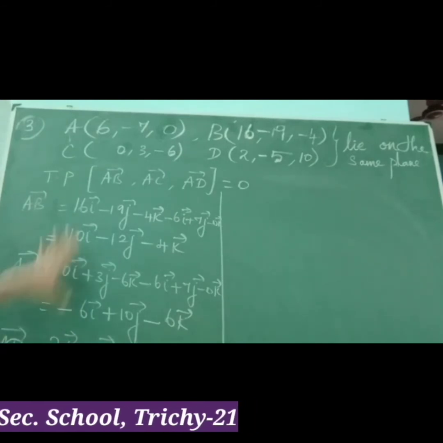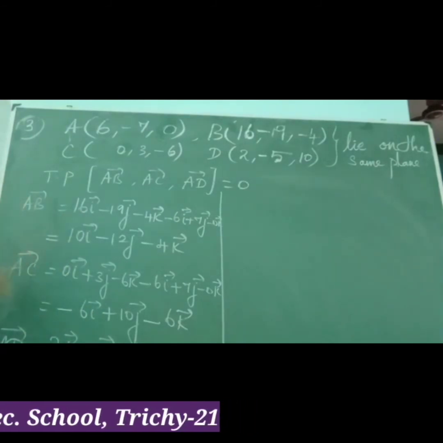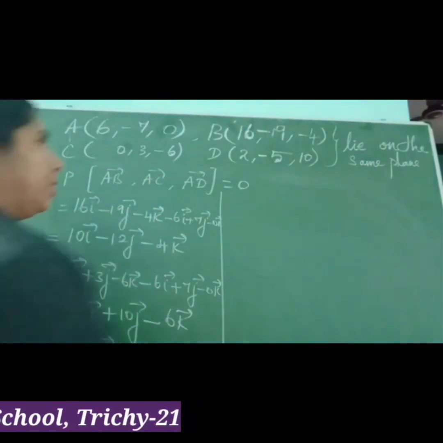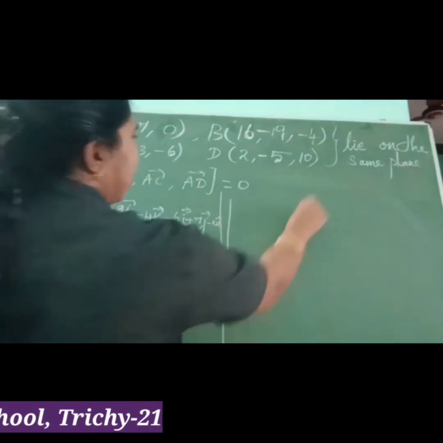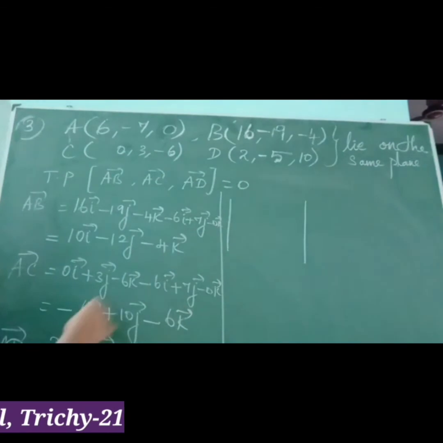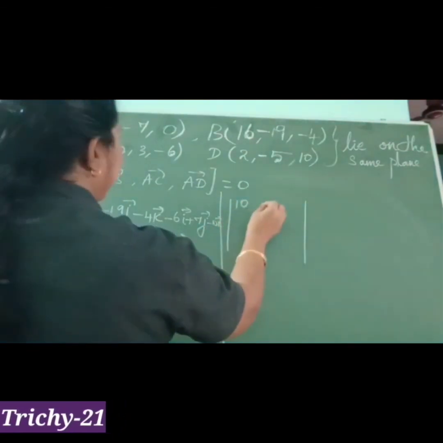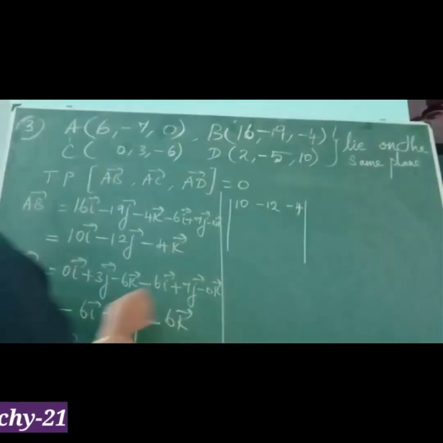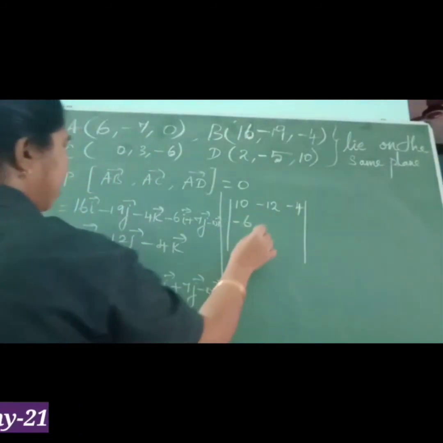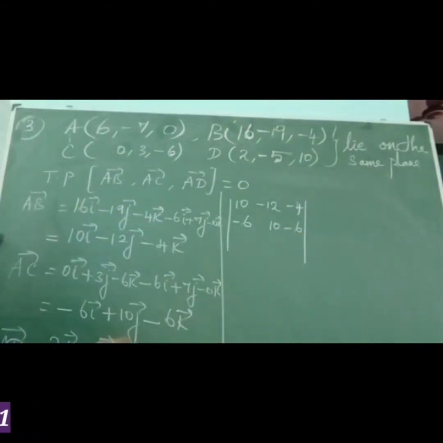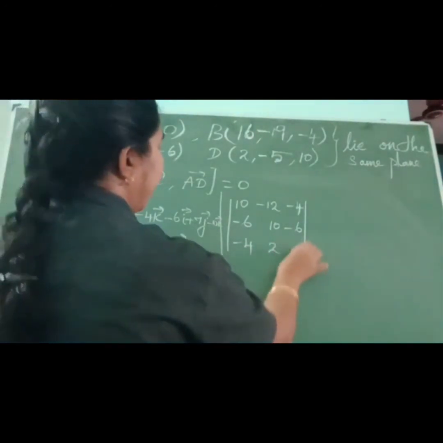So now we got all these three vectors AB, AC, AD. So to prove the box product of these three vectors equal to 0, that is the determinant of the coefficients of all the three vectors: 10, minus 12, minus 4; minus 6, 10, minus 6; then the last one is minus 4, 2 and 10.